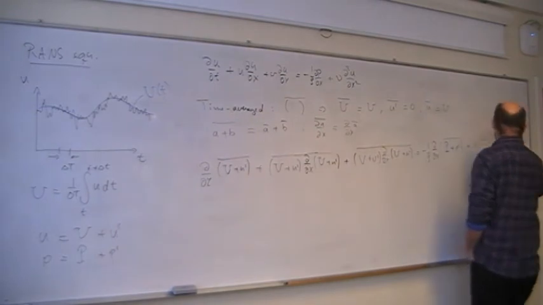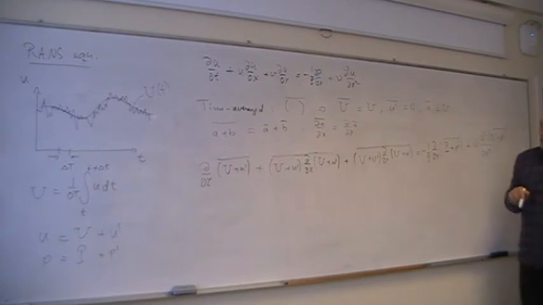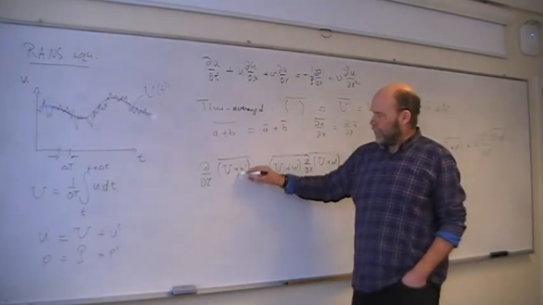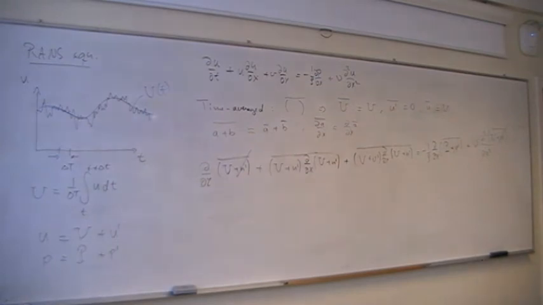Here, not a problem. And of course, all these sums here, they can be split up. So this one is going to be 0, this one is going to be 0, and this one is going to be 0. So there you will get what you are seeking, an equation for the mean properties alone.